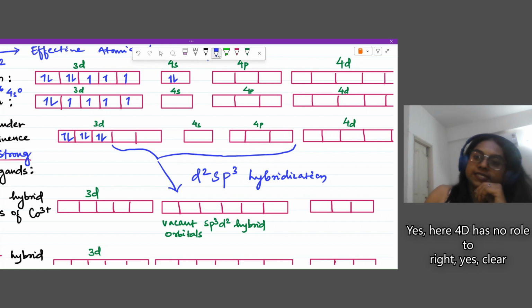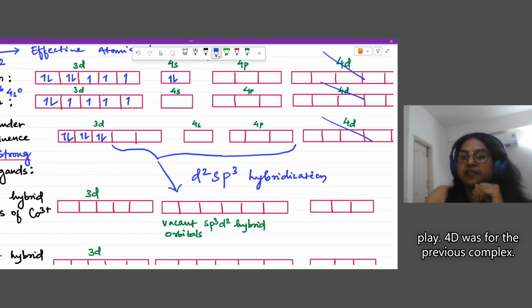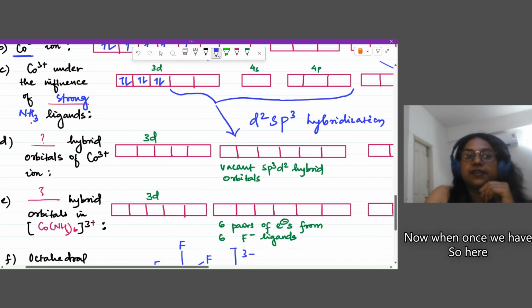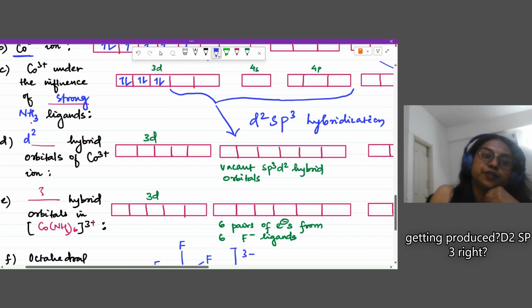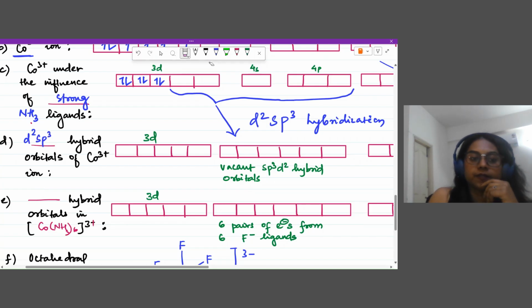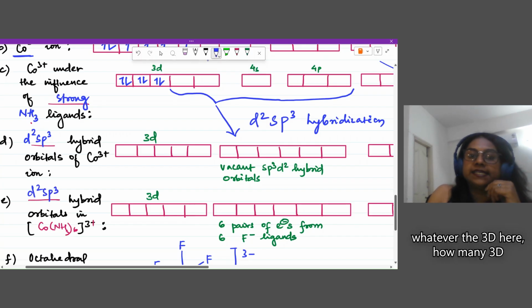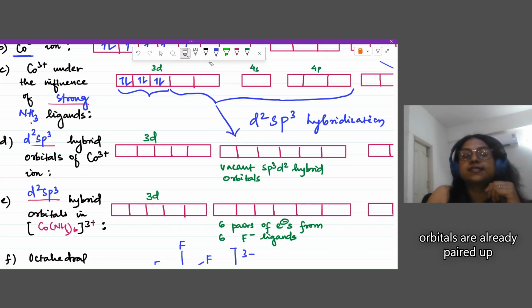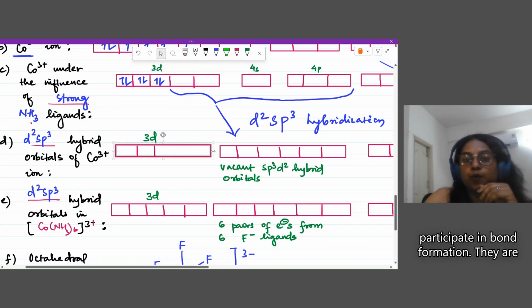Here 4d has no role to play. 4d was for the previous complex. Now, what are the hybrid orbitals that are getting produced? d2sp3, right? Here also d2sp3. Now, how many 3d orbitals are already paired up? Three. So those three orbitals are not going to participate in bond formation.